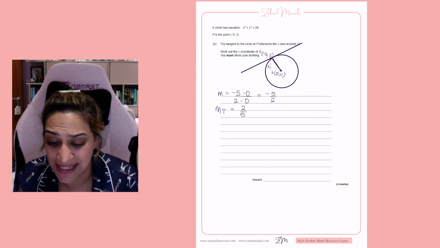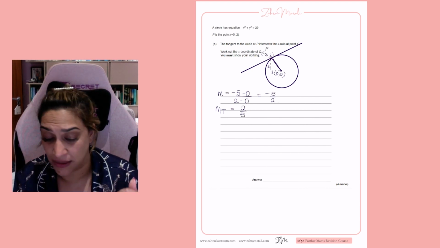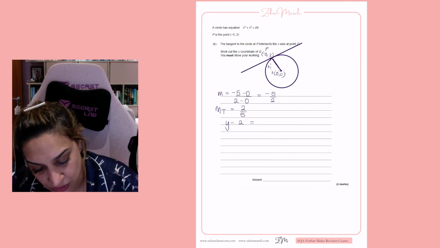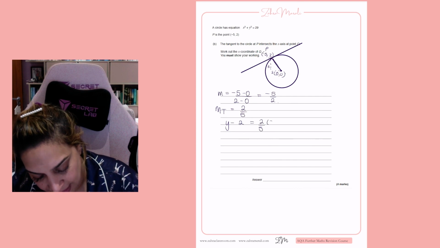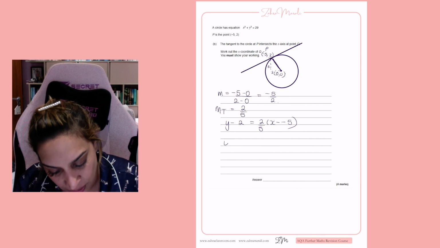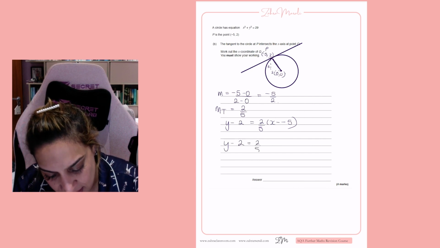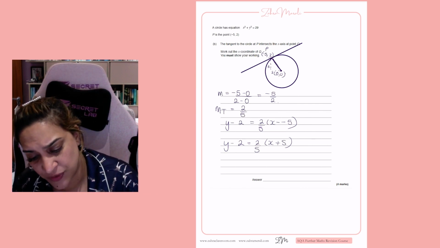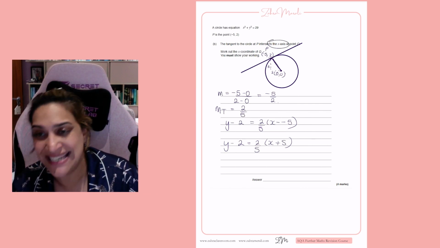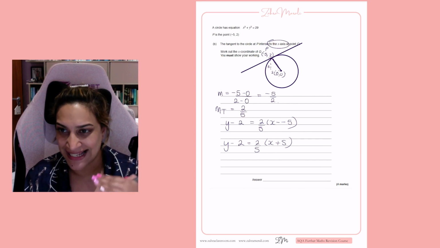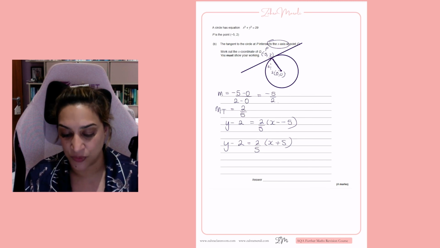Now we know P is on that line, so we can use y − y1 = m(x − (-5)). So we've got y − 2 = 2/5 (x + 5), and this is where this equation comes in useful. We don't need to rearrange it. We just want to find out where it intersects the x-axis. It intersects the x-axis when y equals 0.